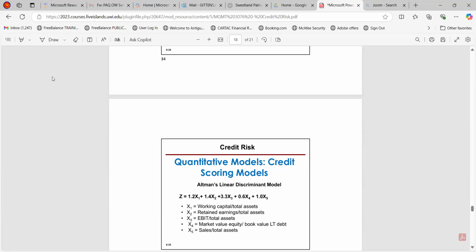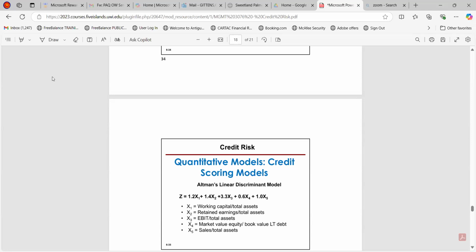So the probability of default depends on these ratios, because if your working capital to total assets is a certain amount, it's going to affect the probability of default.